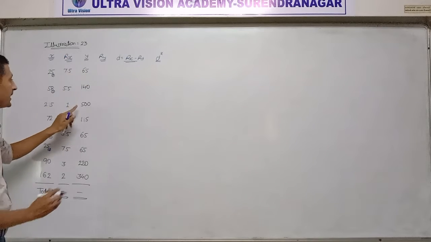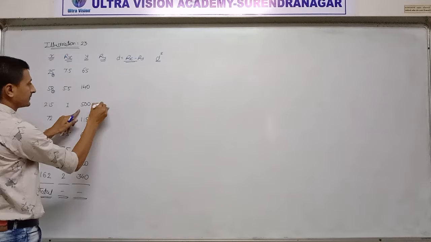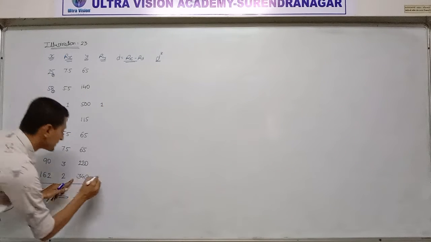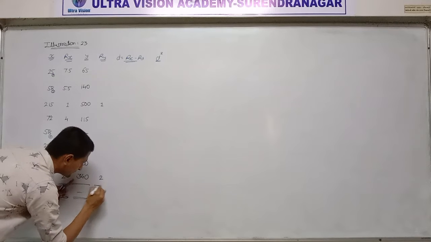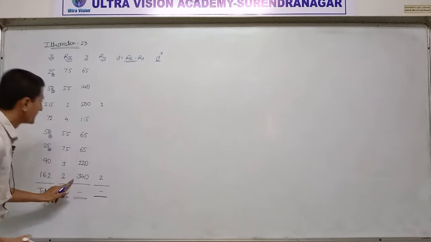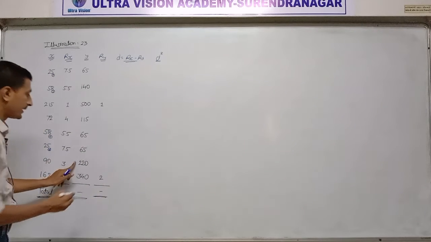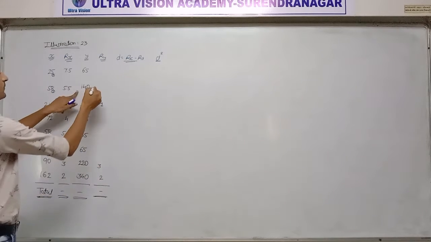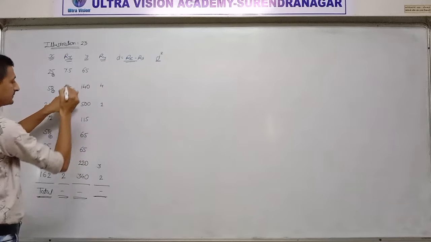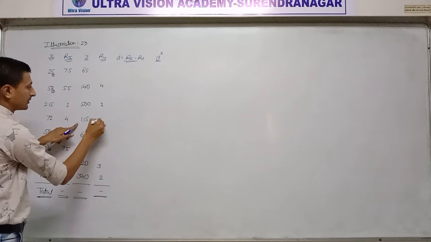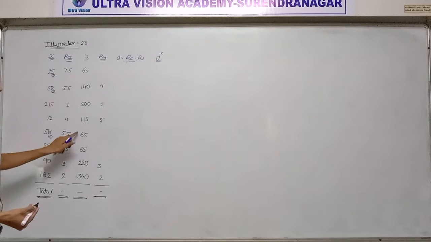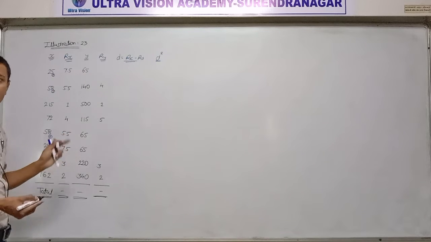Check it. The highest value, 500, is the first rank. Next, 340 is the second rank. Next, 220 is the third rank. 140 is the fourth rank. 115 is the fifth rank. 65 is repeated three times, so ranks 6, 7 and 8.